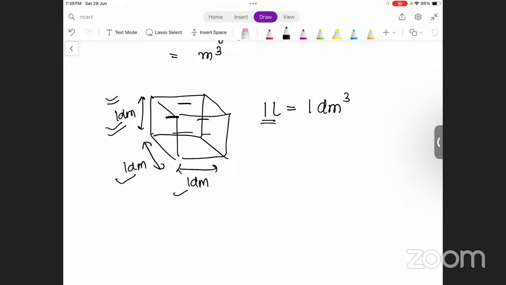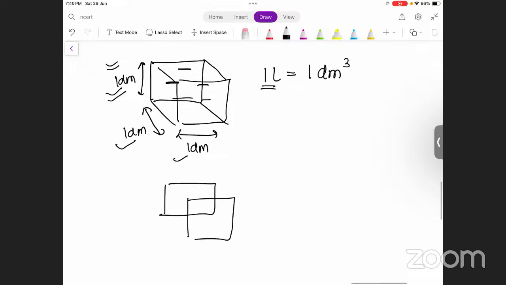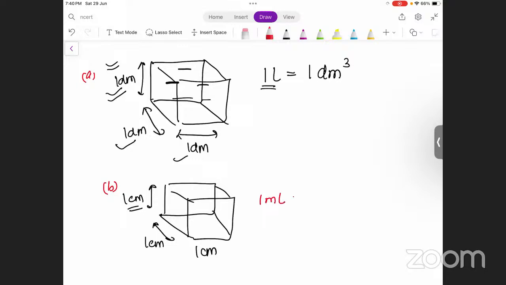Now, on the other hand, if I take a cube whose dimension is 1 centimeter by 1 centimeter by 1 centimeter, then the amount of substance that will come in this particular cube, so let's name them, this is A and this is B, will be 1 ml.